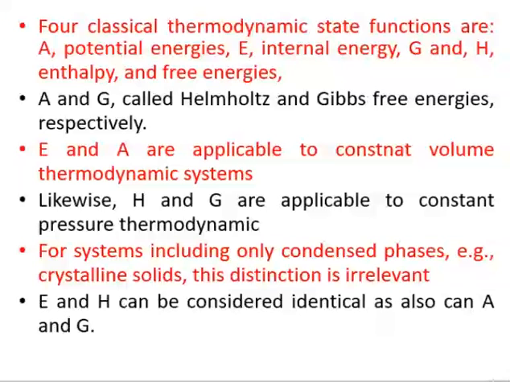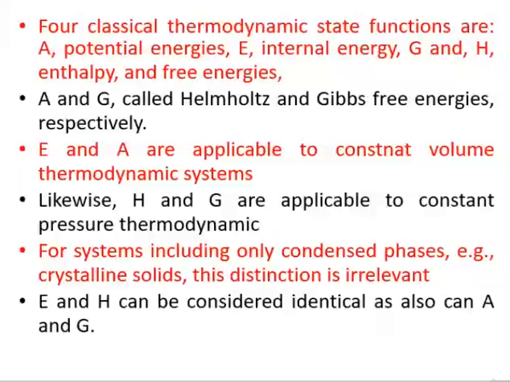The E and A, we use them in a situation where we have constant volume thermodynamics. Remember our gas laws, we have Charles' law and we have Boyle's law. One of them deals with the constant pressure and the other one deals with the constant volume.